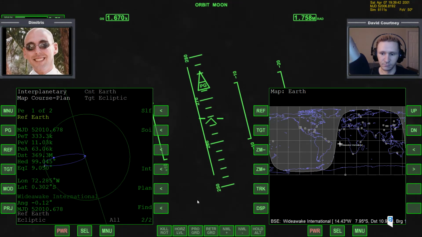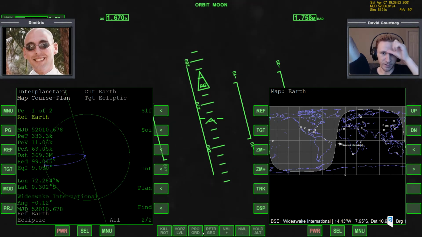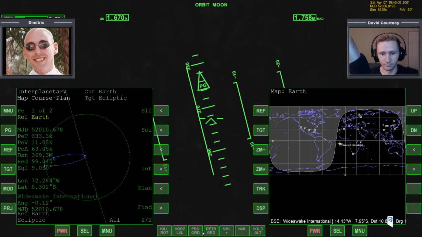So we may have to slightly correct the burn once it's done with a little bit of linear translation. And what I've done here too is a quick save, so after we do this and show how it works, we can come back to this exact point and select a different target base and maybe run through the variables another time to show another example of how this all works. We would also need to be in a different orbit around the moon. Oh, yeah, well, okay, never mind what I just said then.